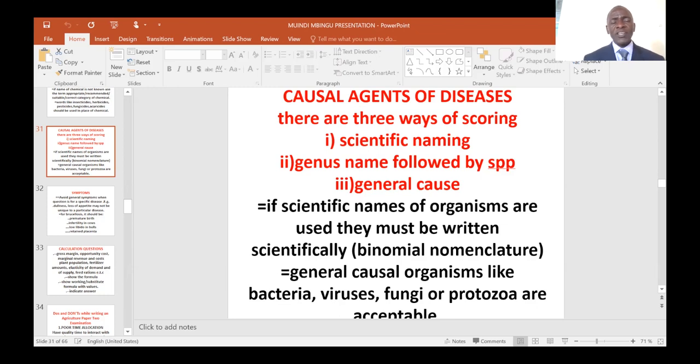Otherwise, if you know the scientific name, Bacillus anthracis, you can still put it, but remember to comply with the rules of binomial nomenclature, where the genus name must begin with a capital letter, and of course the species name written in small letters. Then remember to underline the two words separately.